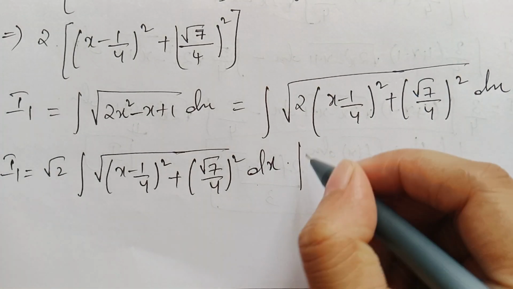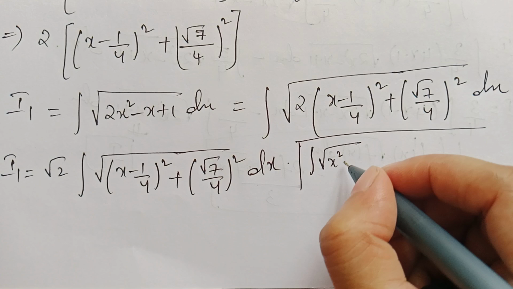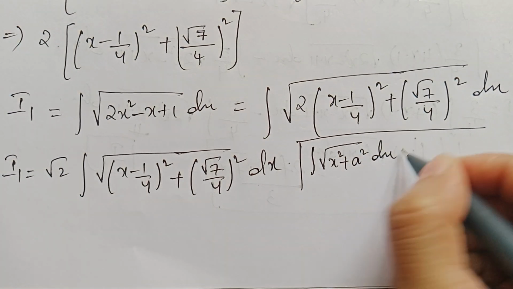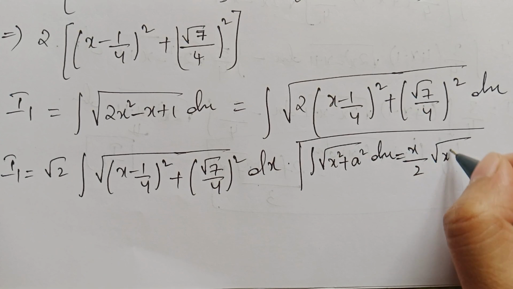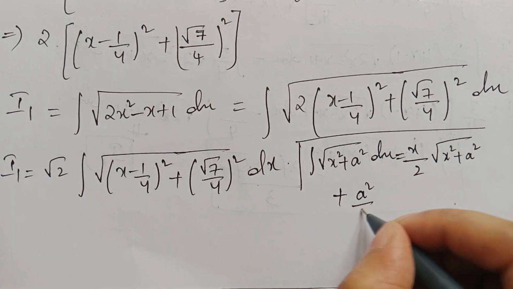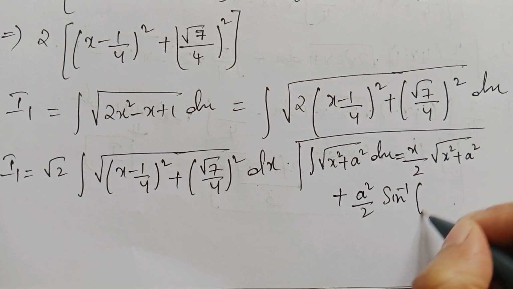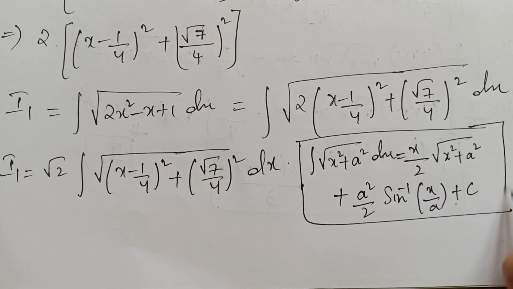So this function is in the form of integral root of x square plus a square dx, which is equal to x by 2 root of x square plus a square plus a square by 2 sine inverse x by a plus c. That is the formula.